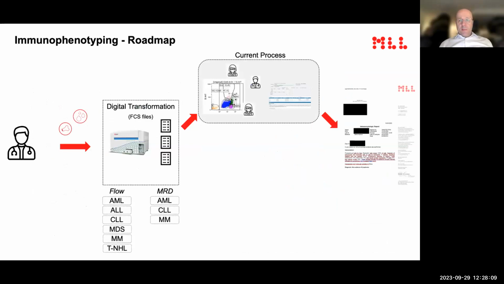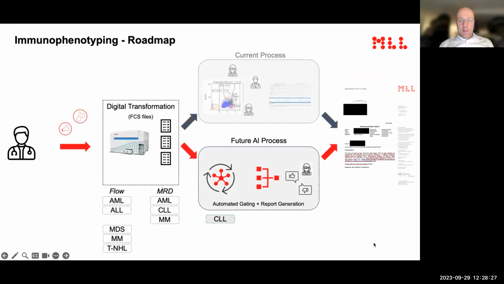What we still do is the same workflow as you've seen before: in parallel to acquiring the data, we analyze them manually to derive a report. We are focusing on applying automated processes, which include automated gating and also report generation.